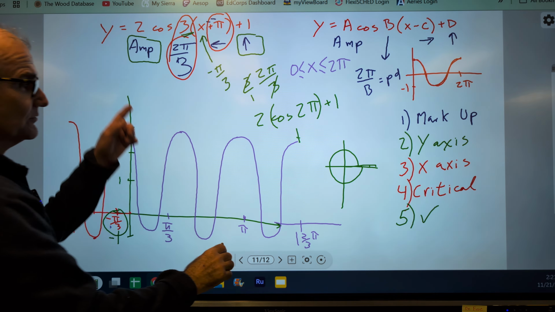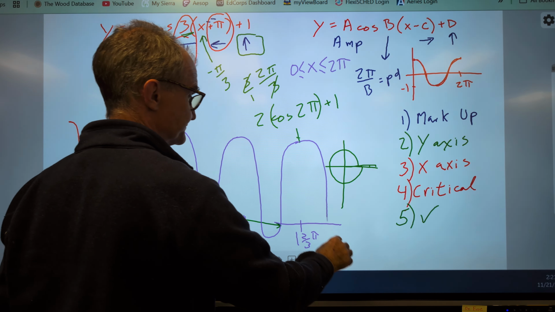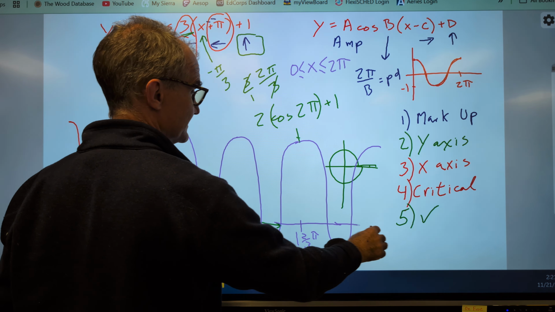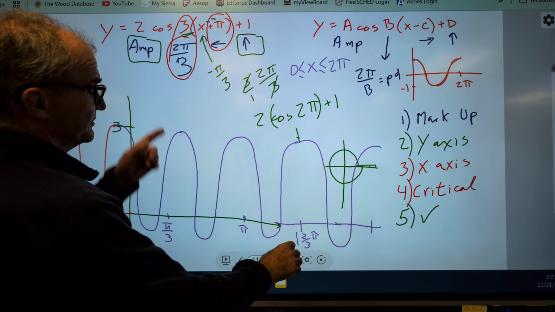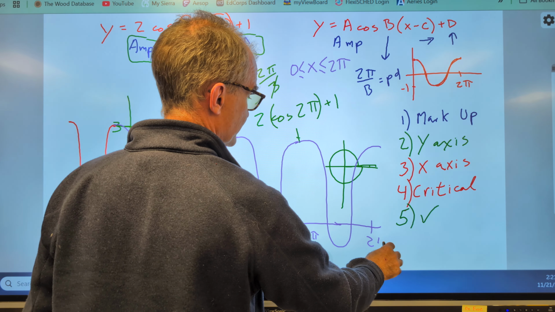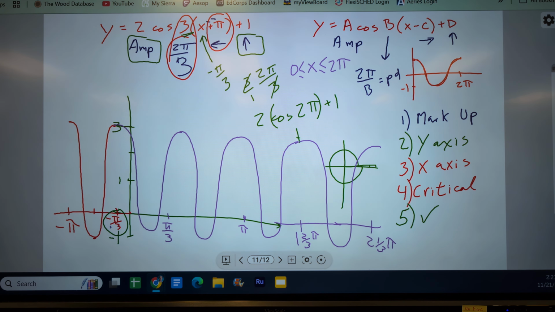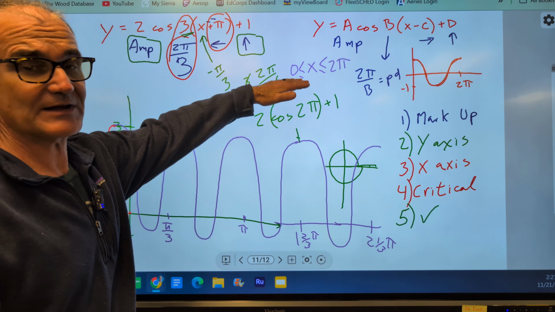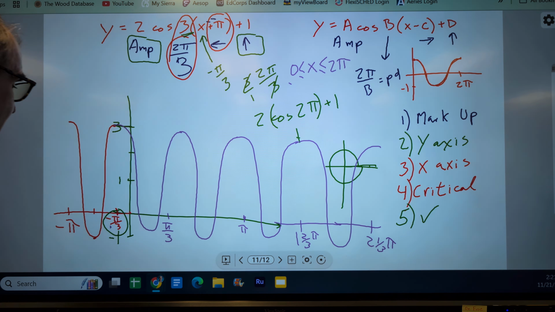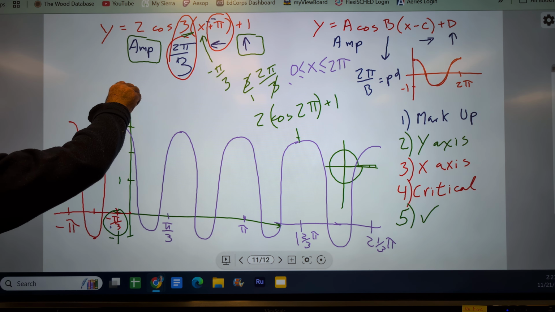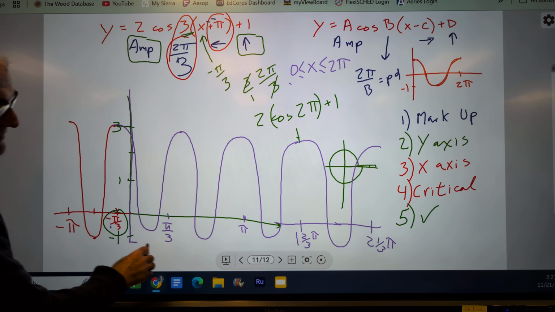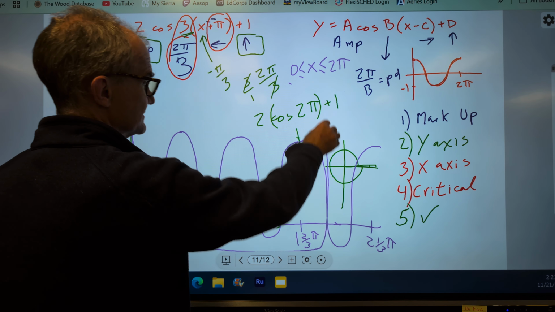And I'm still going to add one more cycle on there. Getting kind of messy here. And then 1 2/3 plus 2/3 is 2 1/3 pi, or 7 pi over 3. Then I go back to my domain for values of x between 0 and 2 pi. And the only thing I want to keep is this portion of the graph, wherever 2 pi is.